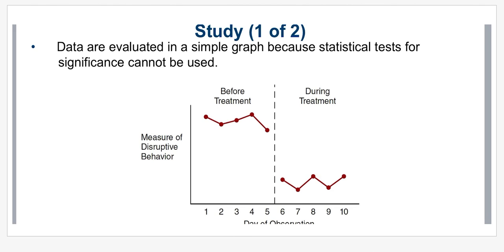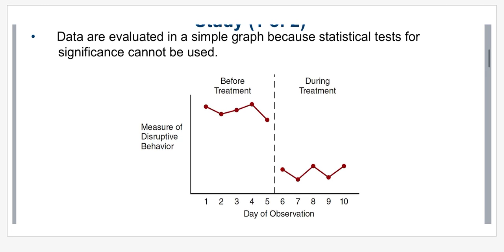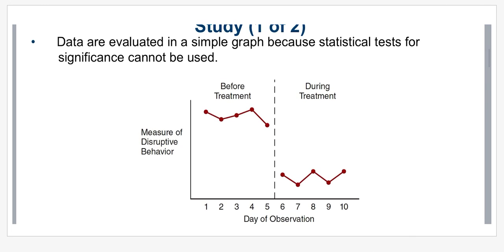And so tests for significance and things like that are not used. They're literally evaluated just from using a simple graph. It's visual evidence. That's the word I'm looking for. Visual evidence is what you are evaluating when you're talking about a single case experimental design.